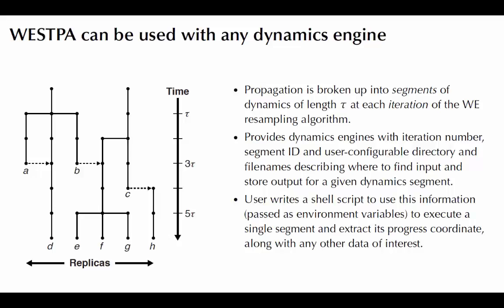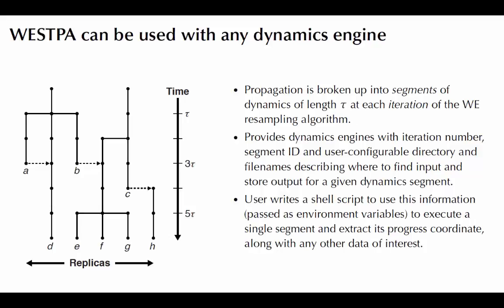Typically the user will write a shell script to tell the dynamics engine where to find this information and where to put it. So who here has heard of a shell script? Okay, most hands. For those of you who haven't, this is not magic. This is just what you would type at the terminal to get your simulation to run, only we're going to put it in a file and hand that file to WESTPA.